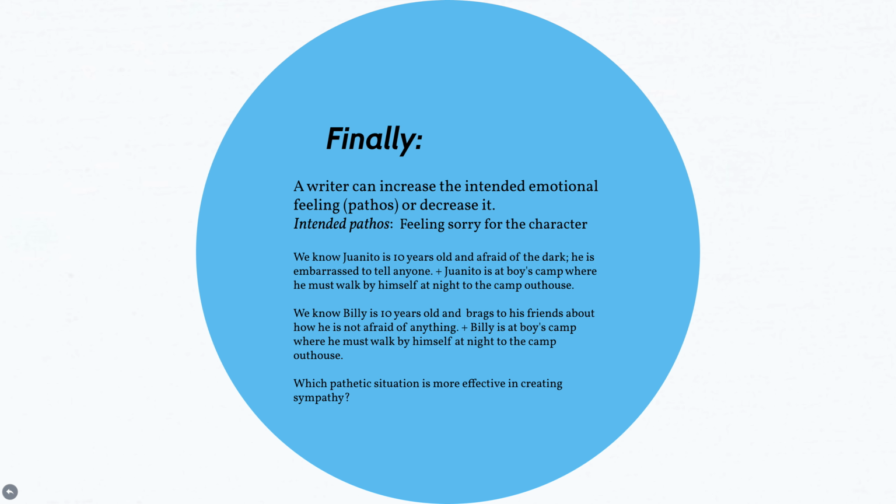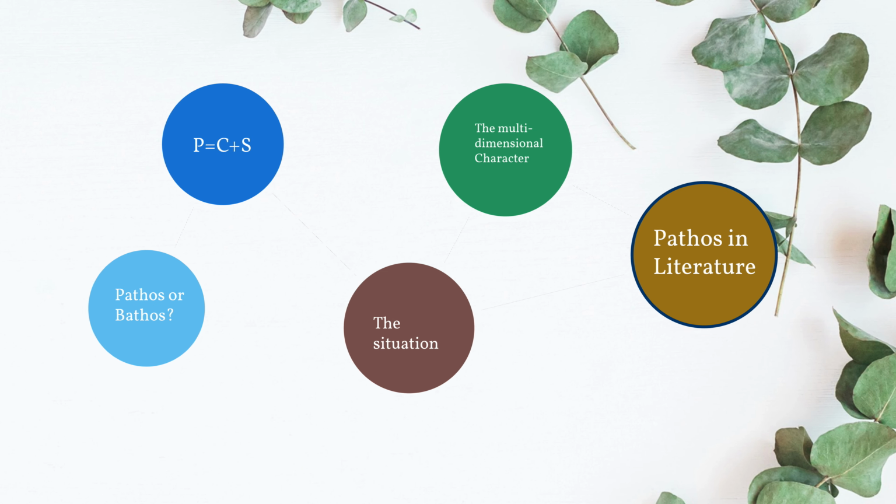This is how a pathetic situation works. Now, as we study pathos, again, it's important to understand that the driving force of a novel is to create characters. And with good pathetic situations, I think that Anaya's novel will be very successful.